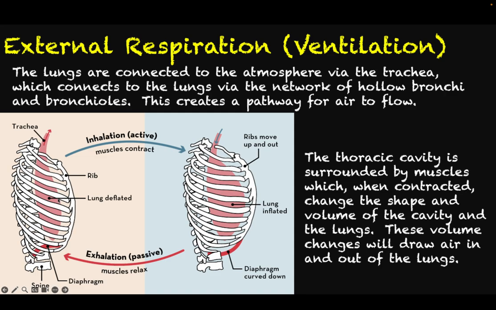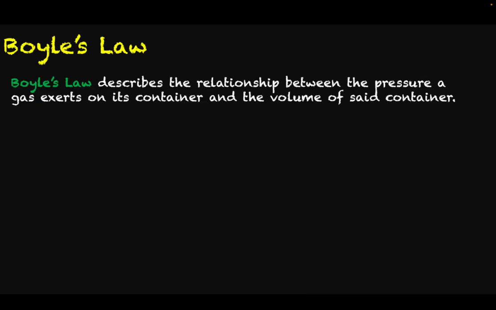The thoracic cavity is surrounded by muscles such as the diaphragm down here, and then muscles on the side like the intercostals and the scalene muscles. These muscles, when they contract and relax, change the shape and volume of the thoracic cavity, and in doing so, they also change the shape and volume of the lungs. And what we're about to see is that it is these volume changes that are going to cause, mechanically, air to be drawn into the lungs and air to be pushed out of the lungs.